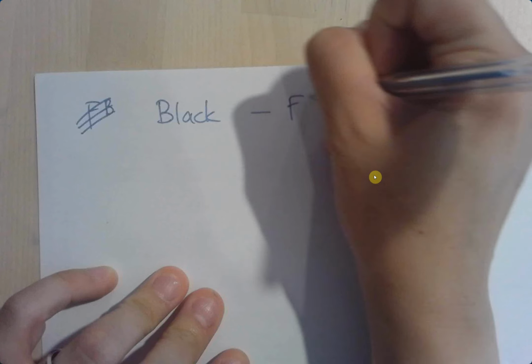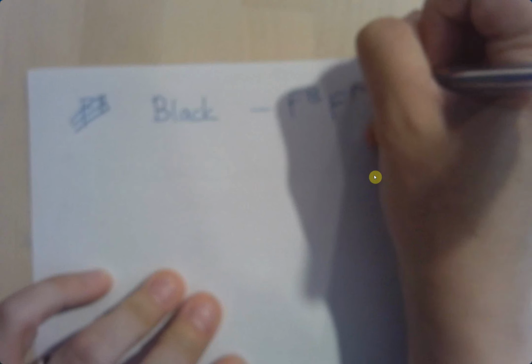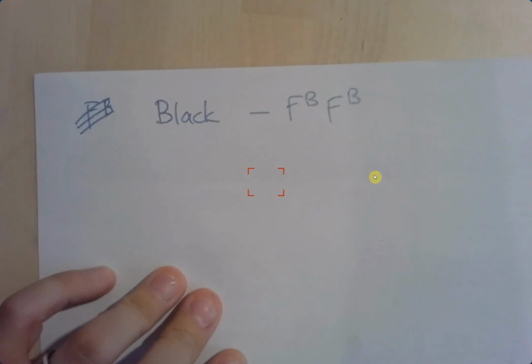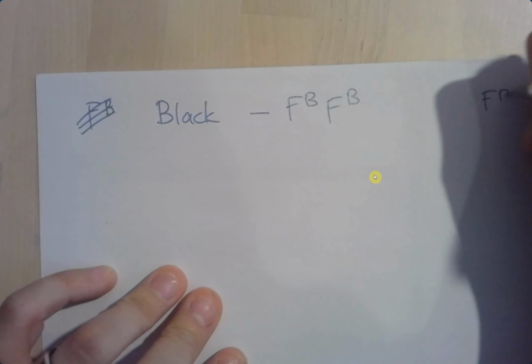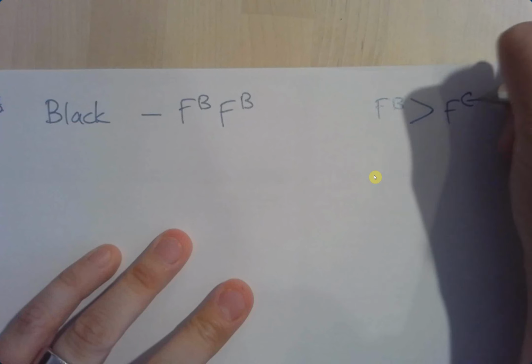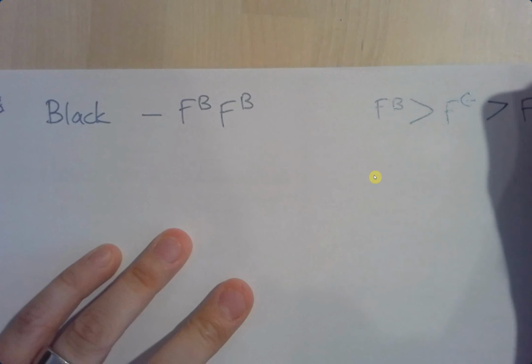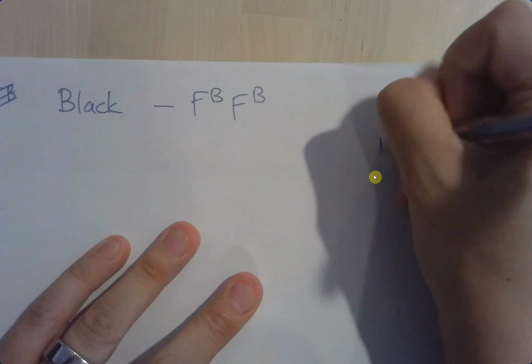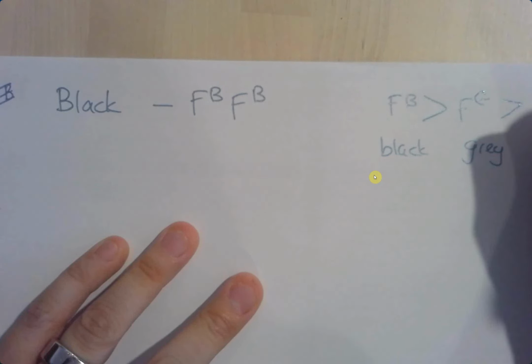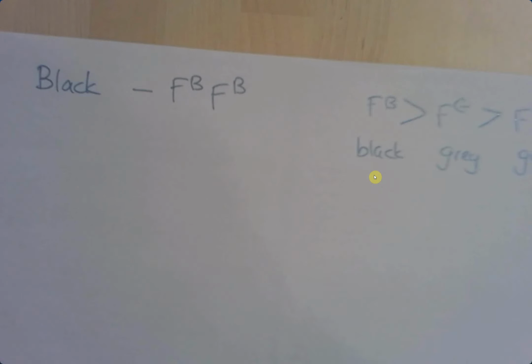I could have FB, capital B, capital B. There we go. So FB is greater than F capital G, which is greater than F little g. And this one's black, gray, and gold. I'm just putting that down as a reference point.